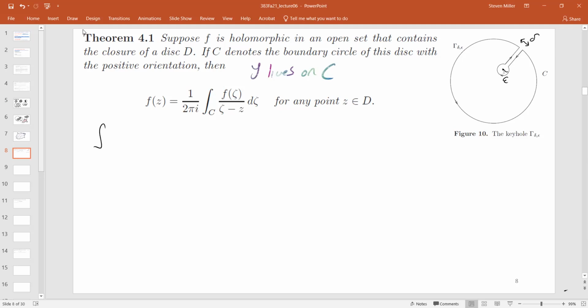So the integral over gamma delta epsilon of f(zeta) over (zeta minus z) d zeta equals 0. And that's because we're integrating a holomorphic function. Why is this holomorphic?